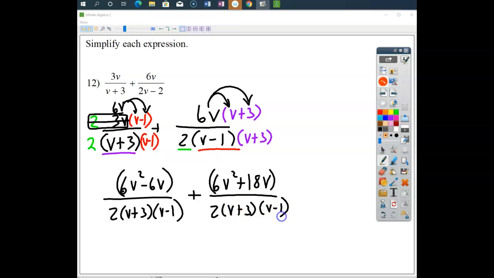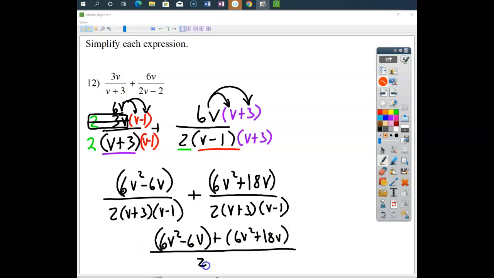And then the next step to simplifying these expressions is to combine those numerators into one. So 6v squared minus 6v plus 6v squared plus 18v all over the common denominator of 2 times v plus 3 times v minus 1. And then from there, we're just going to go ahead and combine our like terms. This 6v squared and this 6v squared is going to make 12v squared.